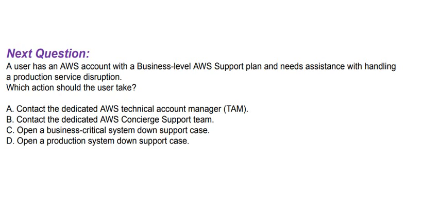Option B: contact the dedicated AWS consult support team. Option C: open a business critical system down support case. And option D: open a production system down support case. The correct answer is option D.